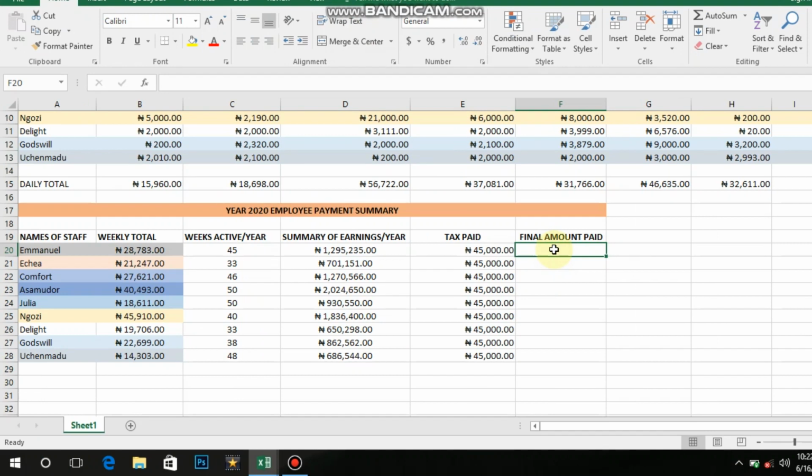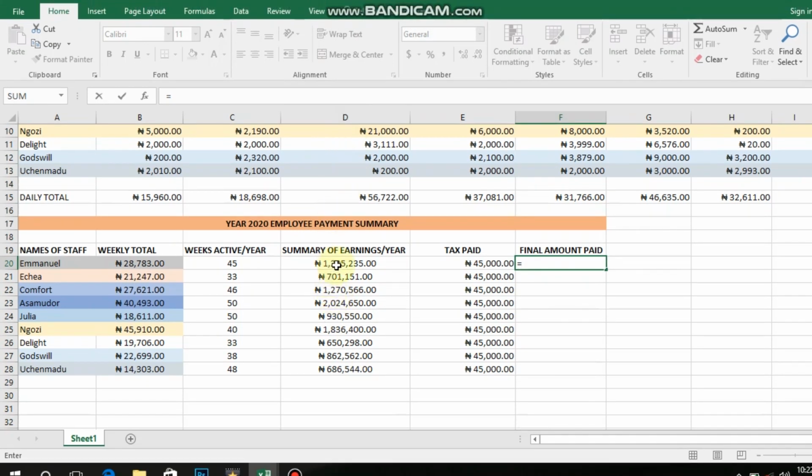I told you that before you start any formula, you have to start with your equal sign. So we have the equals. We have to subtract the tax of 45,000 naira from their earnings per year. The first earning here, by Emmanuel, is in D20.